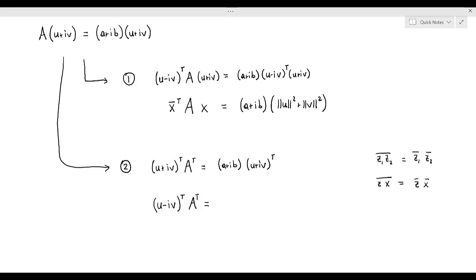So what that means is when I complex conjugate the right-hand side, I just need to complex conjugate each term, conjugating the complex number, and then conjugating the complex vectors over here as well.